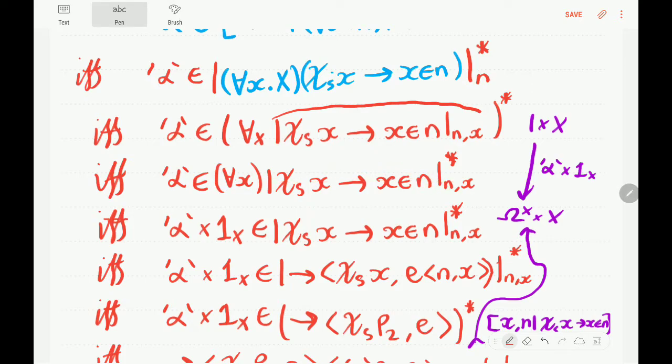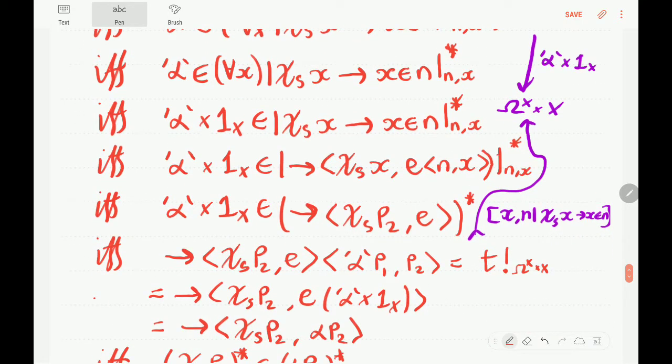So we can rewrite this as saying name of alpha times identity is in chi S of x implies x in N. Well, we want the interpretation of that over N and x, and then we want the subobject classified by that. And then, of course, we're using this x in N notation here.